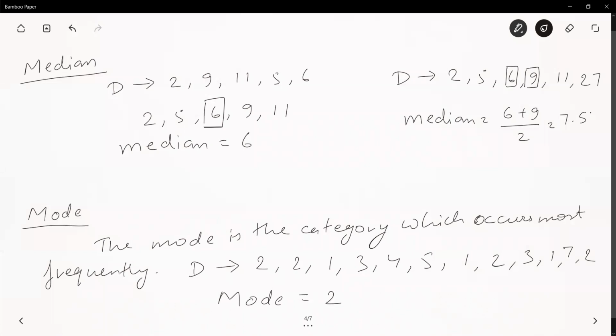Okay, so these are all the things which you are able to find out with the help of mean, median, and mode. These are the simple things which we are able to identify from a data set. Now, about the significance, which I told you earlier: it's better to find out the significance of the mean or median.